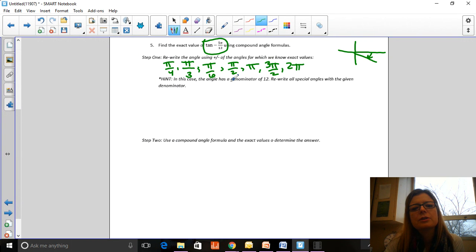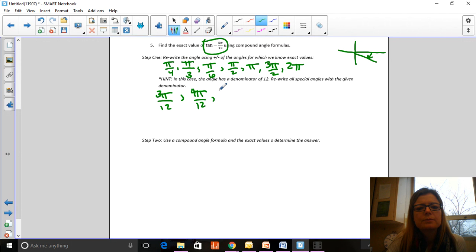So in this case, though, the denominator is 12. So for us to more easily figure out what we can add or subtract together to come up with minus 5 pi over 12, it's easier to rewrite them all with the denominator 12, so we can do that addition and subtraction in our head much more easily. So pi over 4 is 3 pi over 12. Pi over 3 would be 4 pi over 12.